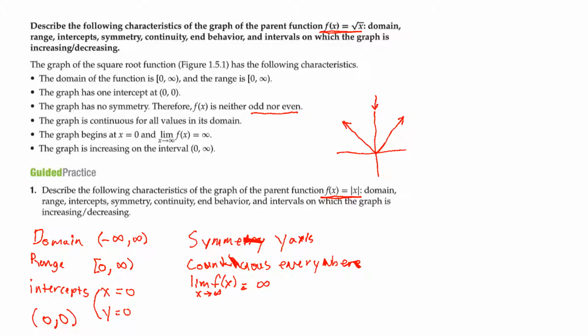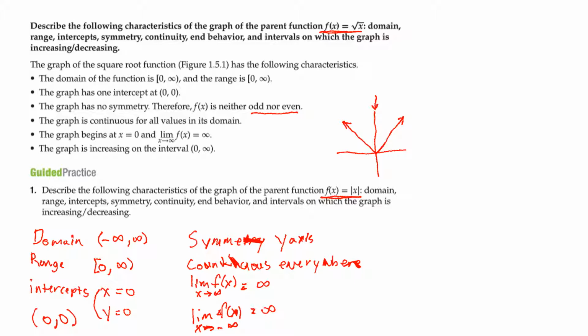Okay, that is the right-hand behavior. We also need the left-hand behavior. The limit equals infinity as x goes to negative infinity. Okay? These are both very important. You need to have left and right.